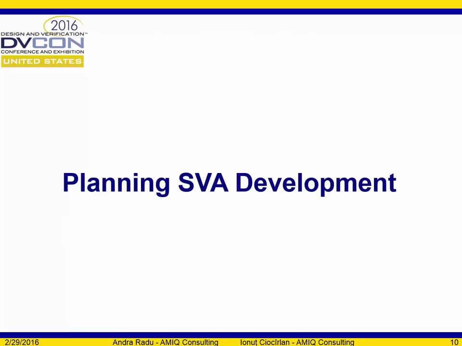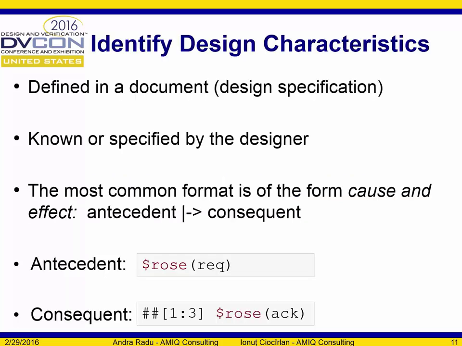The first step that you want to do in creating robust SVAs is planning them. Planning starts off with identifying the design characteristics, which could be defined in a design specification. They are in different forms, but you should always be able to translate them into a property or a self-contained functional scenario.